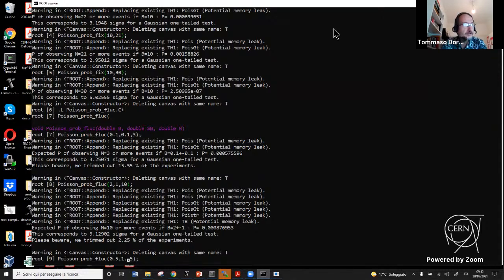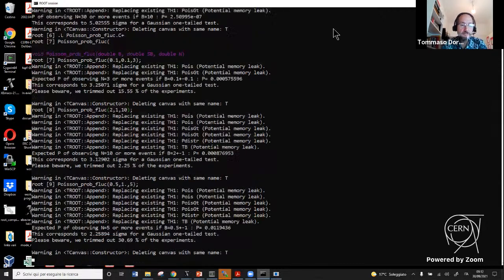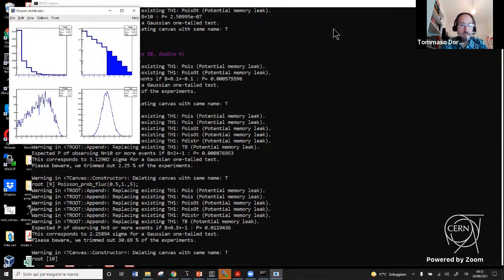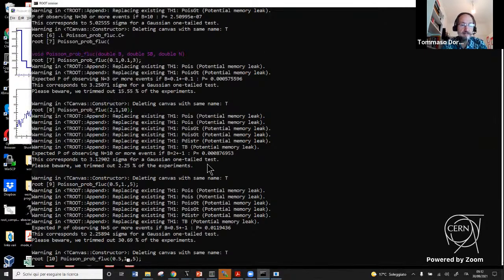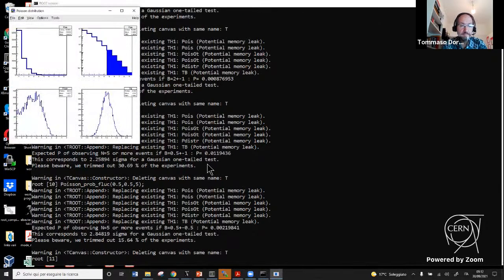I would like to be there with you, but it was not possible. So let's try 1 as an uncertainty. And there we get 2.25 sigma. So the uncertainty is too large for 5 to be 3 sigma away from 0.5. So let's try 0.5. We get to 2.84 sigma.